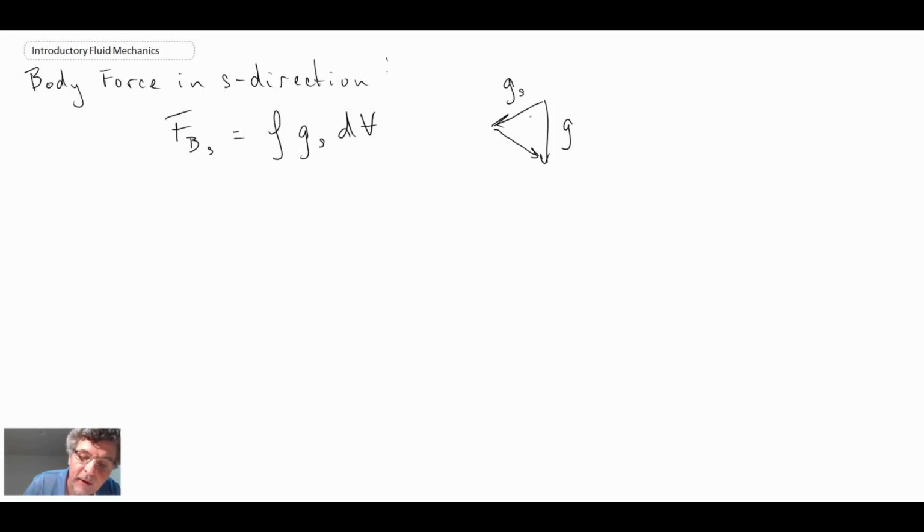So I'm going to set up a right angle triangle right here. And GS would then be equal to minus sine theta multiplied by g, the gravitational constant, where in this diagram, this angle here is theta. And that's basically the angle that our streamline is making. And so with that, we can rewrite the body force in the following manner.